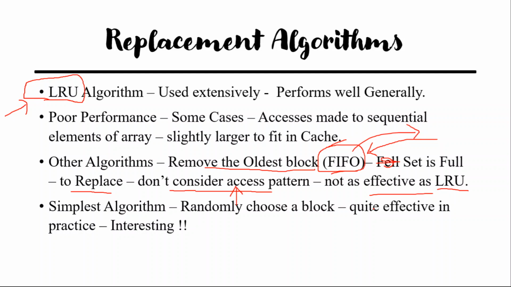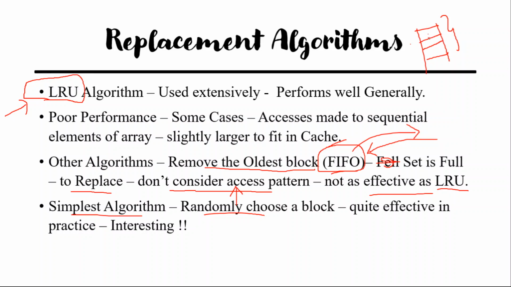There is a simplest algorithm which says just replace any random block. It is neither FIFO nor LRU. The question of replacing comes only when the particular set in a cache is full, or the entire cache is full. The entire cache is full in the case of fully associative mapping.